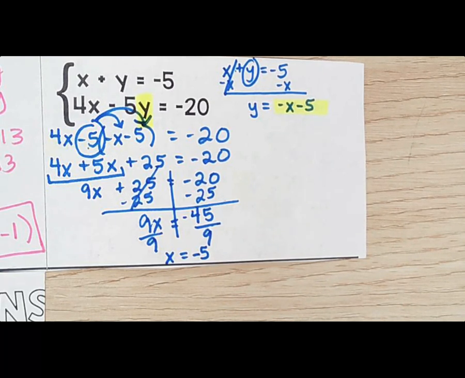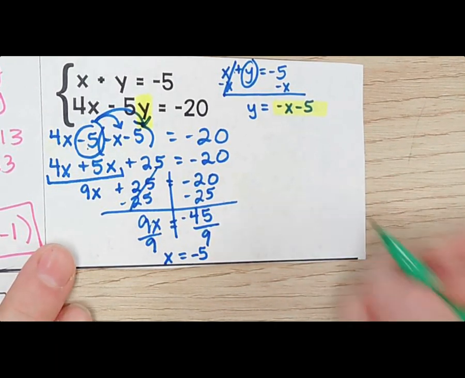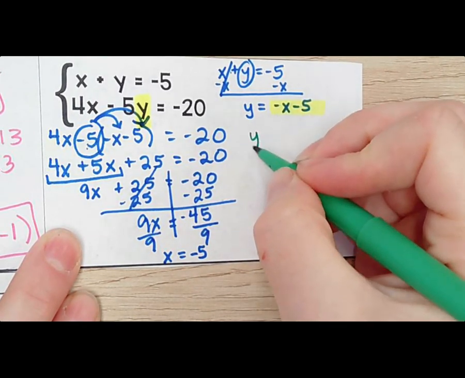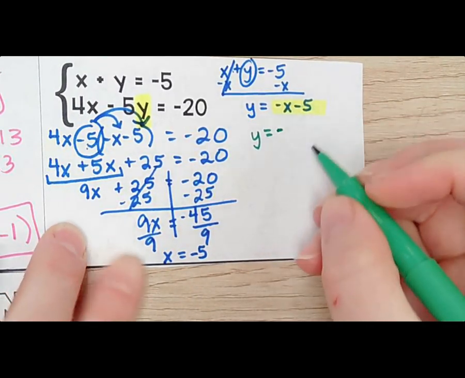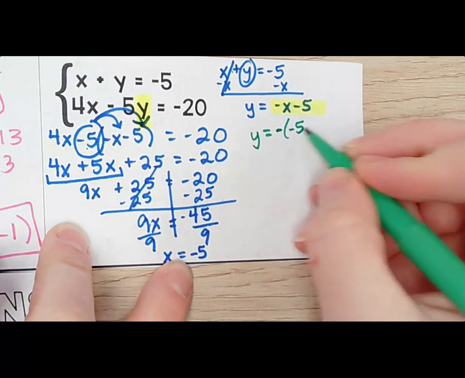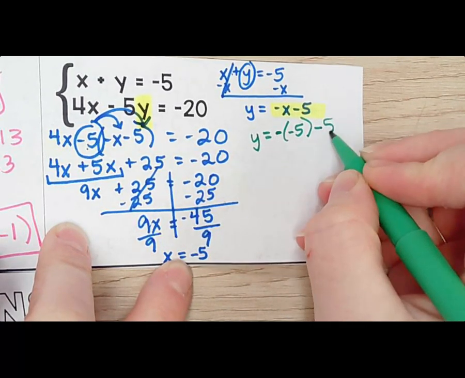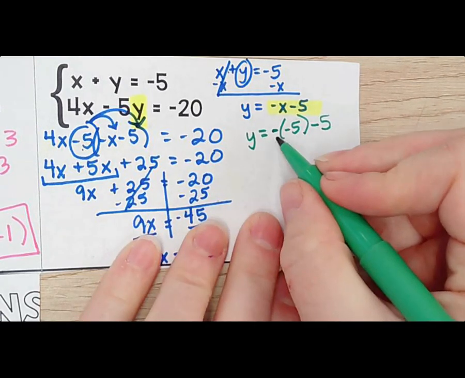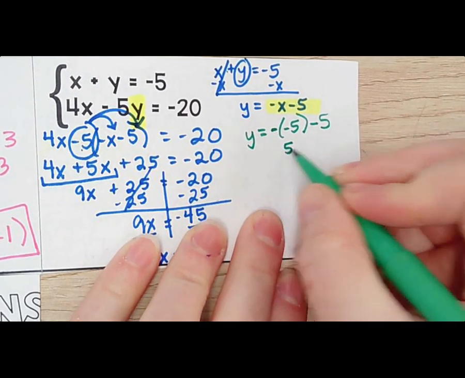So we have one of the numbers in the solution. So we just need to find the other number. So we're going to plug it in here. y equals -5 minus 5, so -5 becomes a positive 5 minus 5.